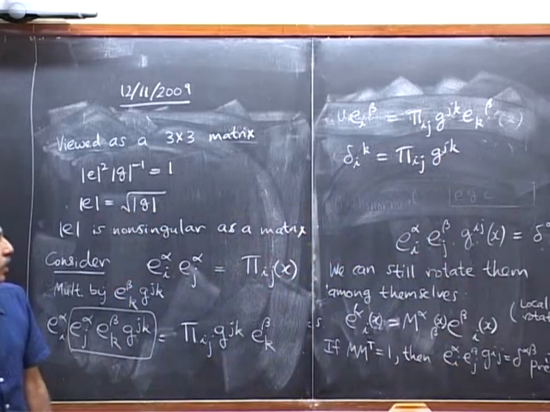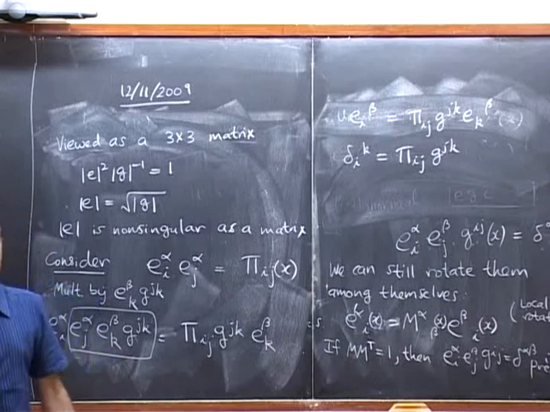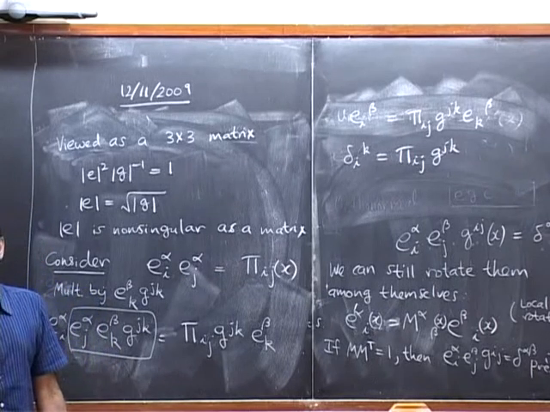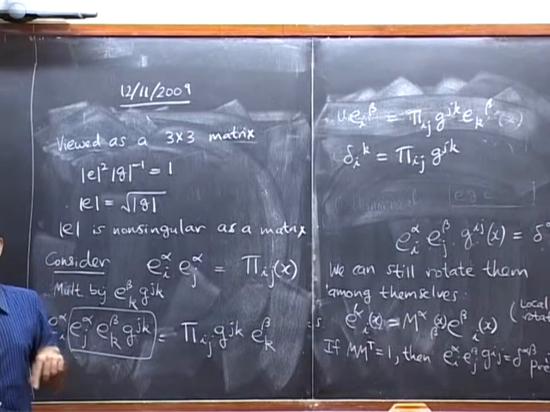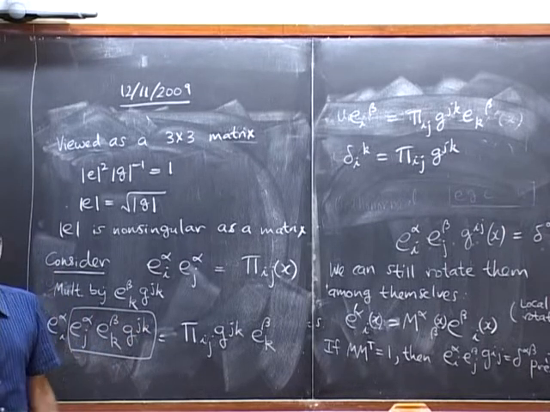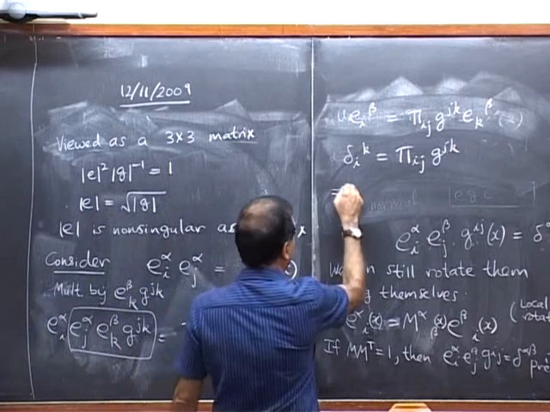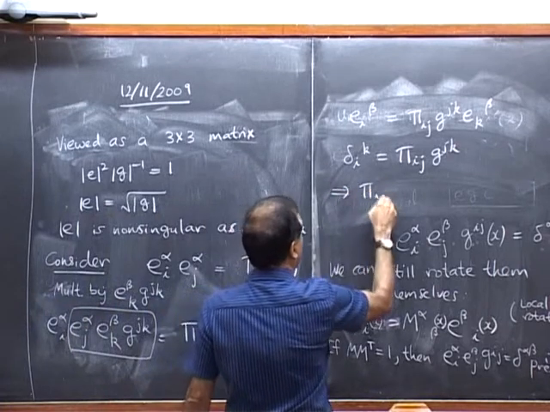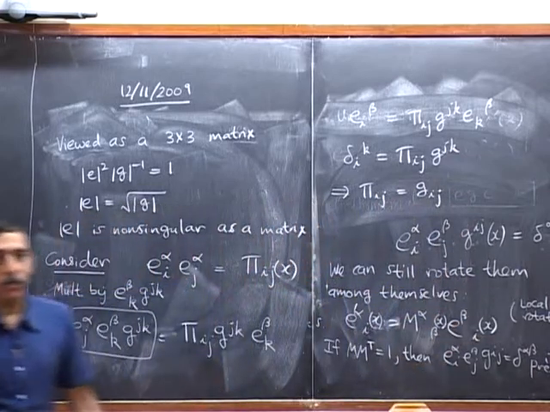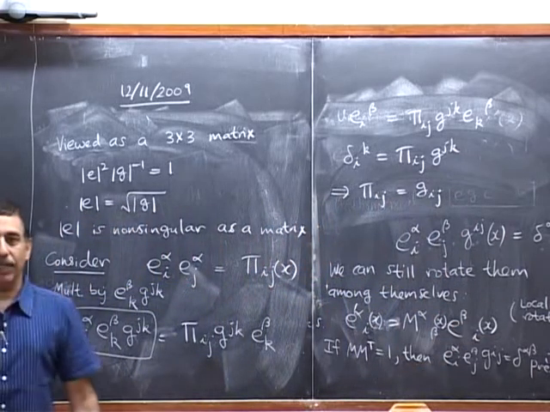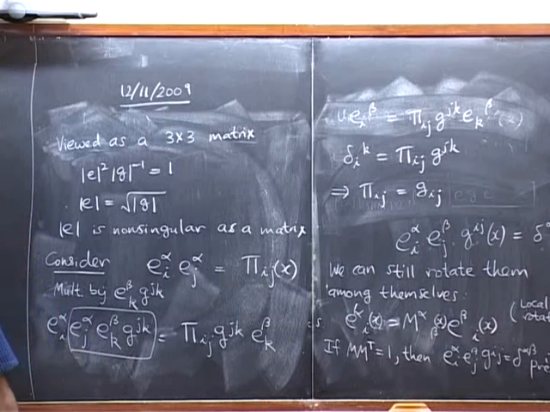What does that tell me about the relation between pi and g? Pi is inverse of g upper, which is the inverse of g. Therefore, pi is g. As you know, in matrices, when I have the inverse of a matrix, it's unique. So the inverse of the inverse has to be the original matrix, no choice.